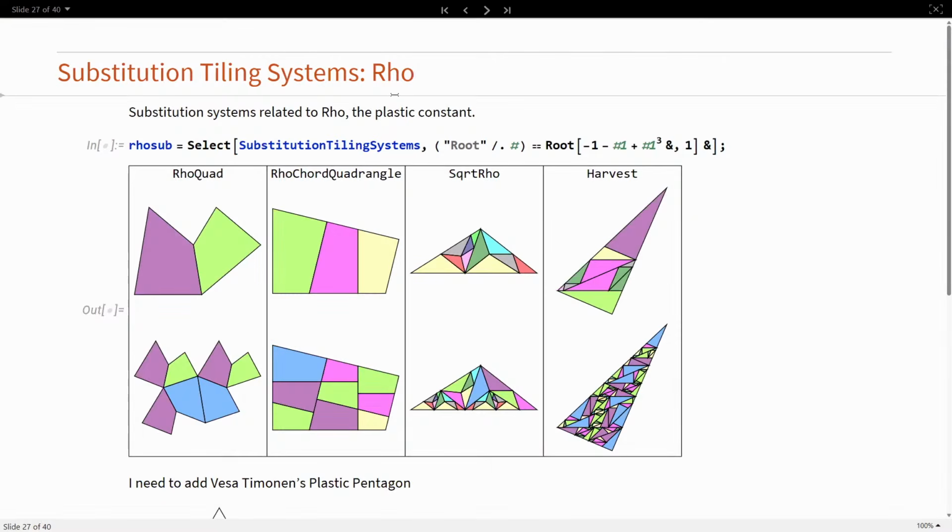Then there's the plastic constant, which has these 4 substitution tiling systems associated with it, as they exist in my database, which has things that need to be added. So here's the square root of rho system.